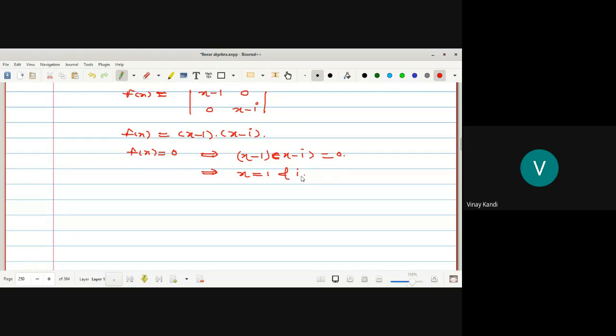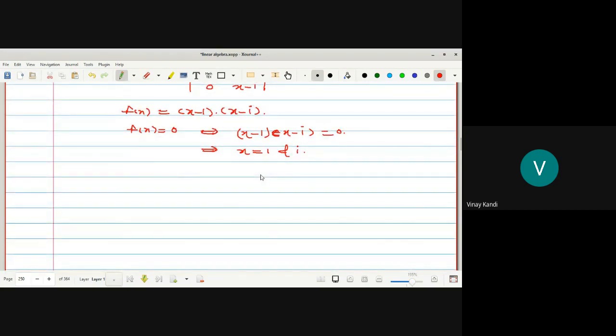Now find the characteristic vector corresponding to the eigenvalue 1.